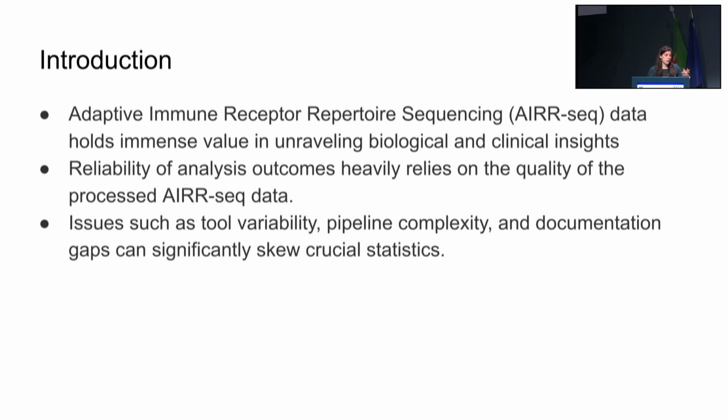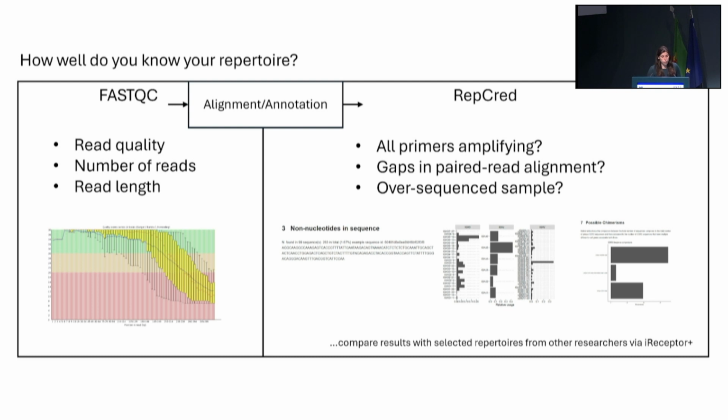Knowing if the repertoire is reliable and credible to work on for later analysis is incredibly important. So the software working group wanted to create an application that will allow us to explore repertoires and assess their credibility, the same as FastQC does for FASTQ files.